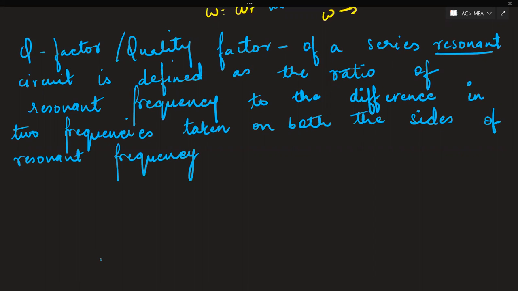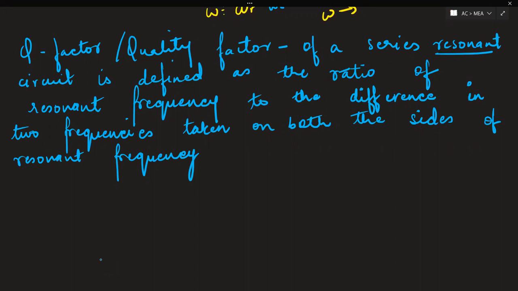Now, one more point that will come here is that the current's value becomes 1 by root 2 of the original value in the case of Q factor. Whenever we determine the sharpness of the resonance circuit, how sharp is the resonance? Because current falls to 0 in either direction, ultimately.